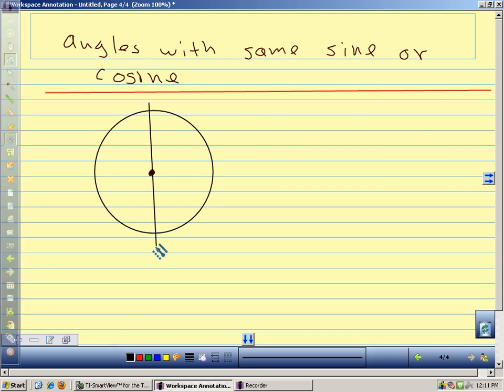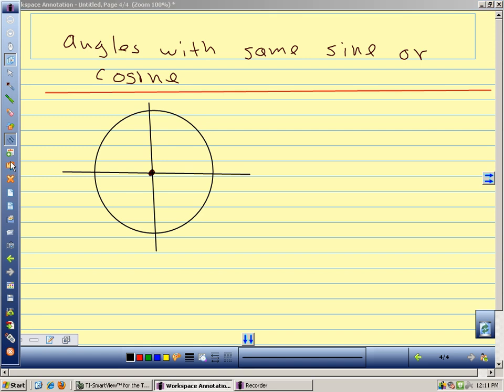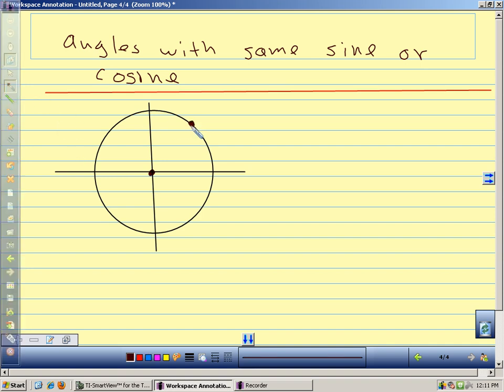So here's my x, and here's my y, and I'm going to put 2 points on my unit circle that have the same y value. So I'm going to put a point here at P, and I'm going to go over here and put a point here, and we'll call this Q. And we're going to draw in a radius for each one of these.